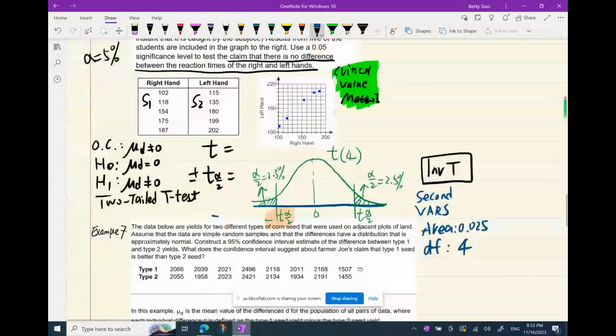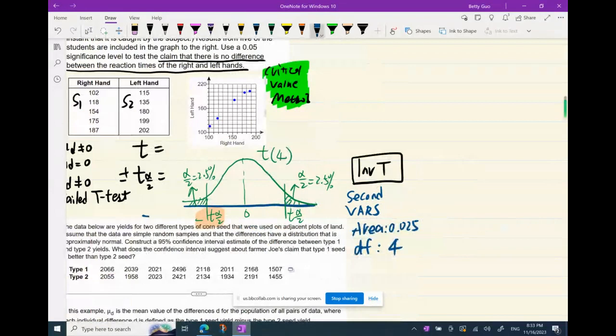Let me see the rounding. Oh, I didn't include that. Then 2.776445098. Yeah, that's the negative critical value.